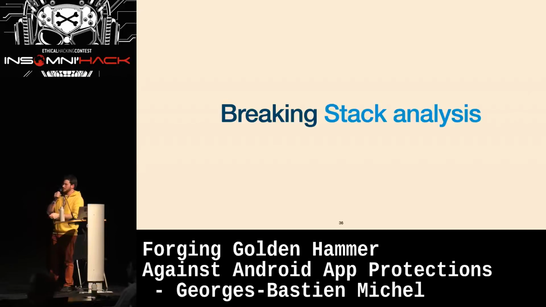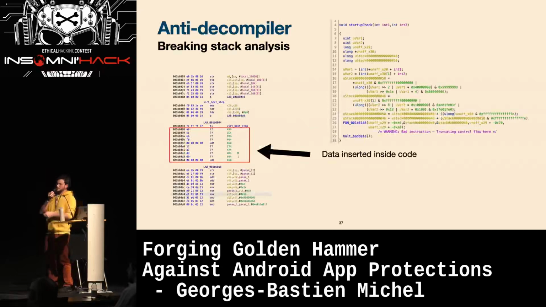Okay. Before coming back to public libraries during anti-hook, I will continue with obfuscation. So maybe you already encountered this kind of case where you have data inserted between parts of code inside your binary.